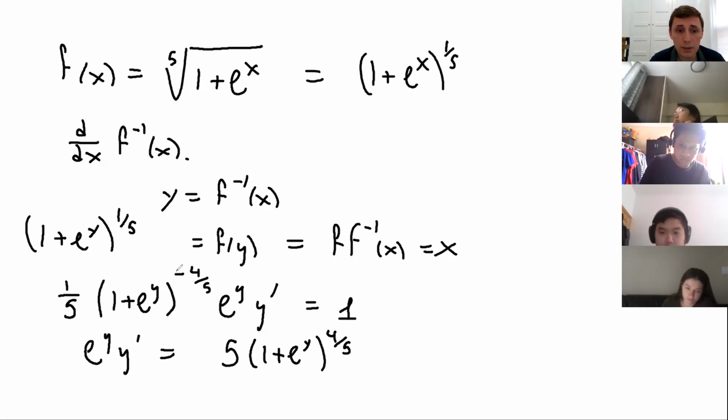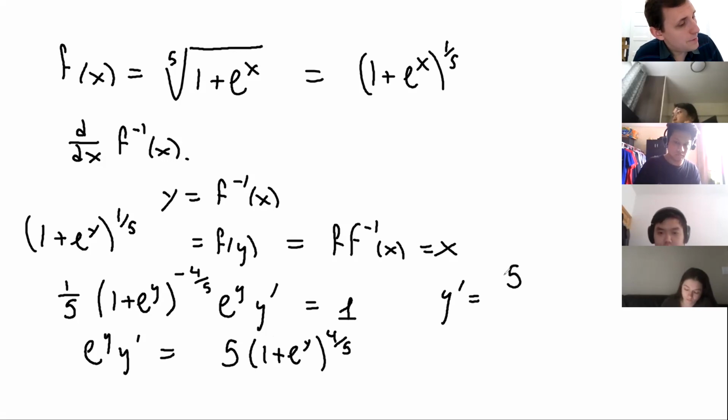Because I multiplied. You see, it was minus, but I multiplied by plus 4/5 on both sides. That's how I got rid of that. And I multiplied by 5 to get rid of that. And so what is y prime? So y prime is 5, 1 plus e to the y to the power of 4/5 divided by e to the y.